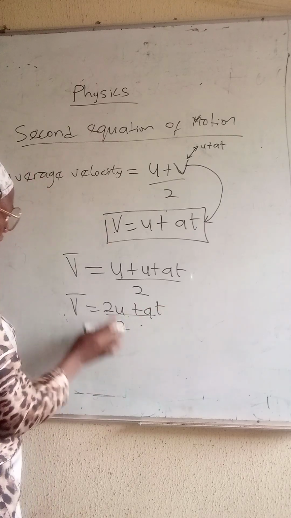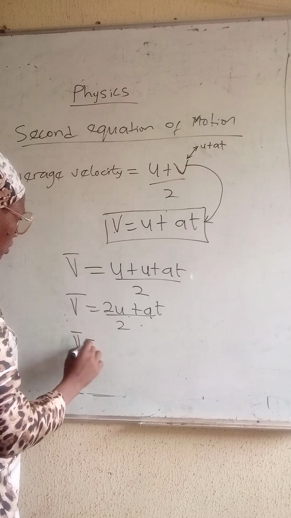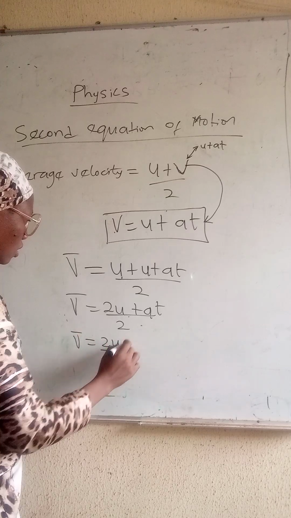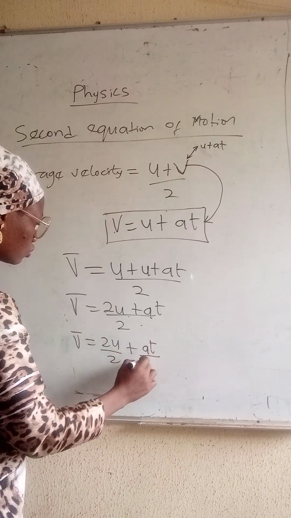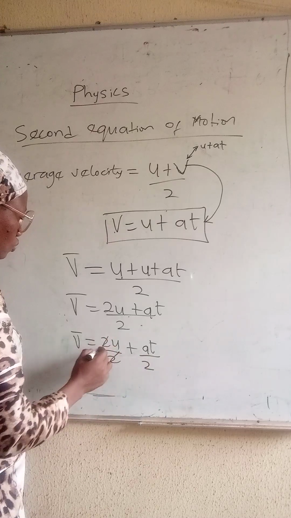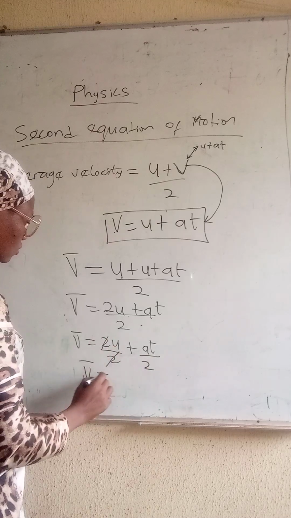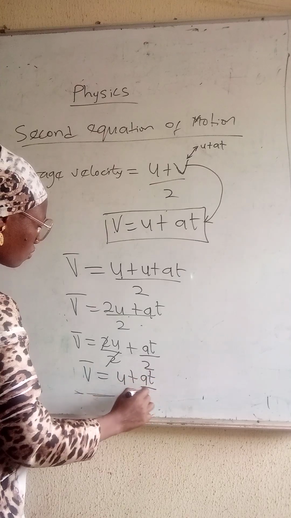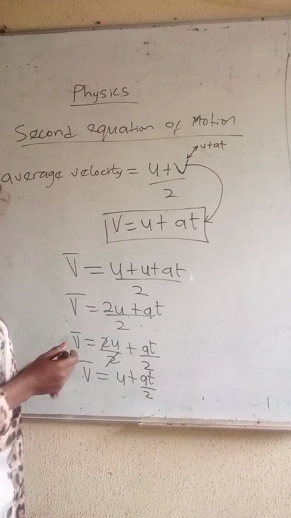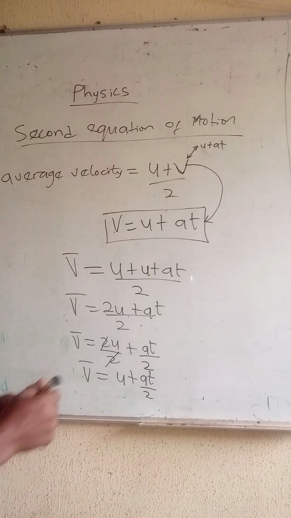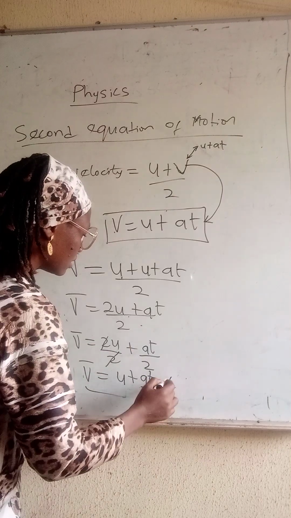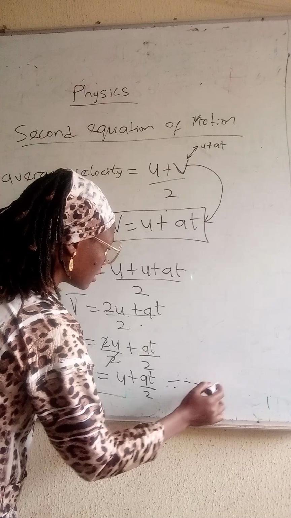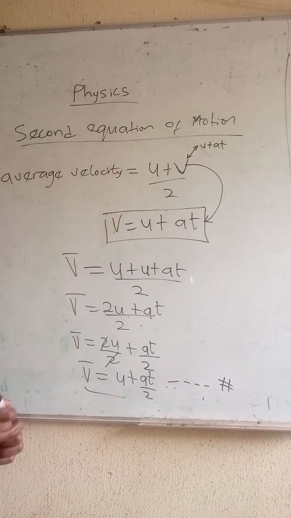This is the same thing as 2u over 2 plus at over 2. The 2s cancel and we have v is equal to u plus at over 2, or half at. Now let's call this equation one.